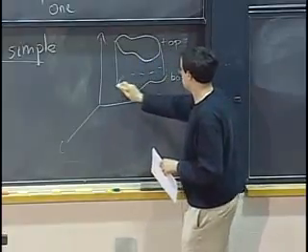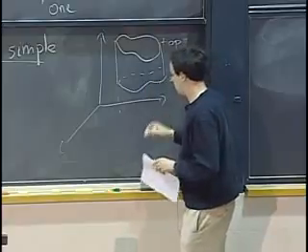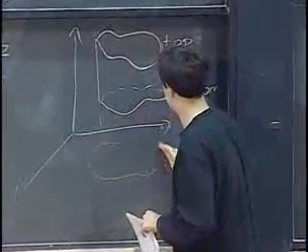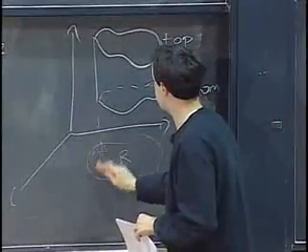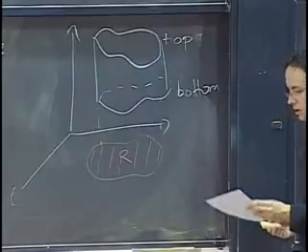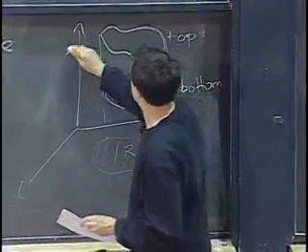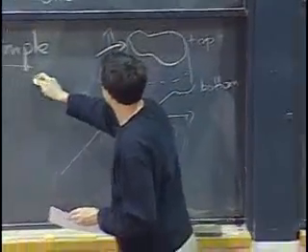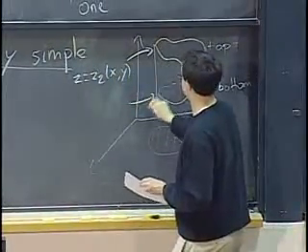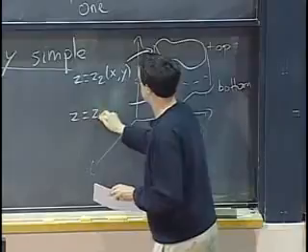If I look at it from above, it projects to some region in the xy plane. Let's call that R. And it lives between the top face and the bottom face. Let's say the top face is z equals z2 of x,y. The bottom face is z equals z1 of x,y.